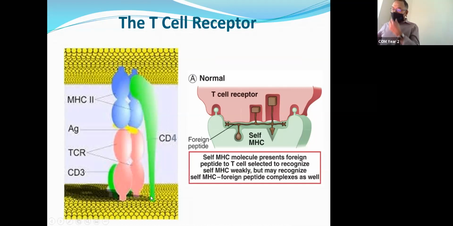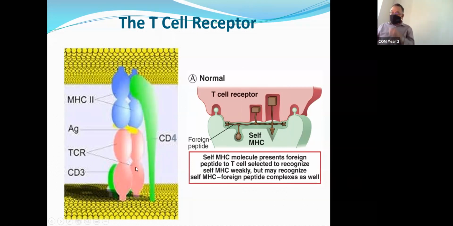And you can see that this being a T helper cell, it also has this additional receptor, CD4, which is recognizing a certain structure outside of the MHC molecule. So this is where the class 2 MHC restriction comes from as well for the T helper cell.